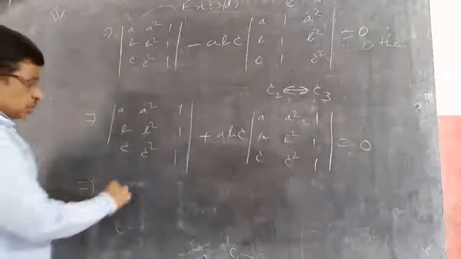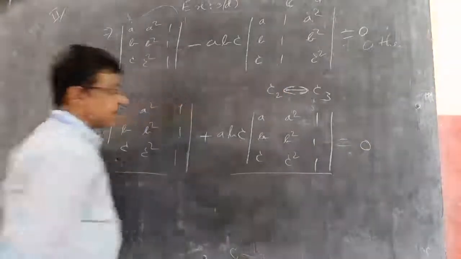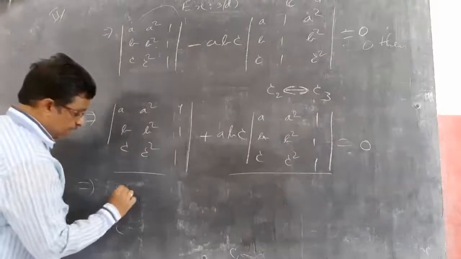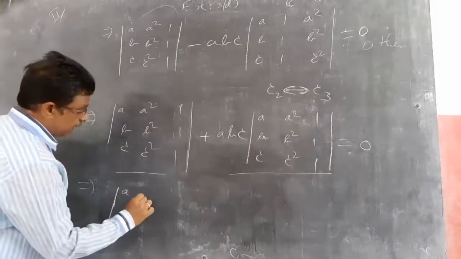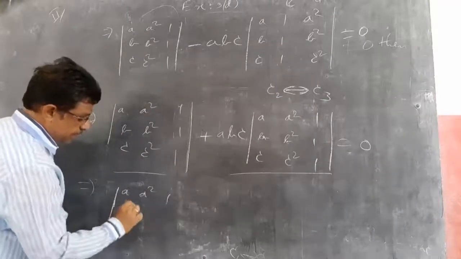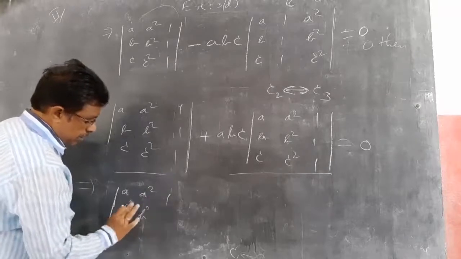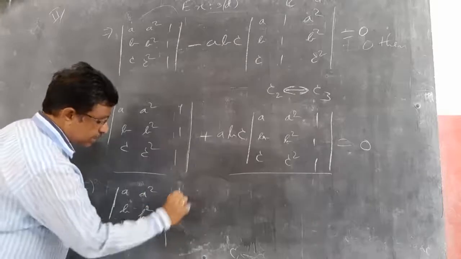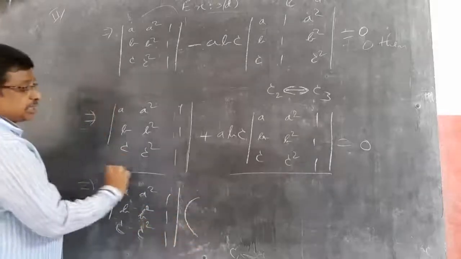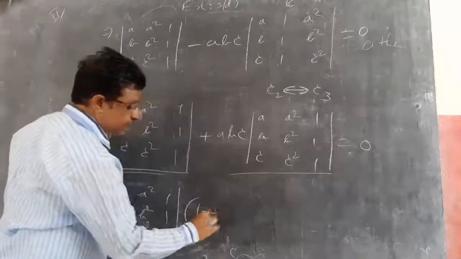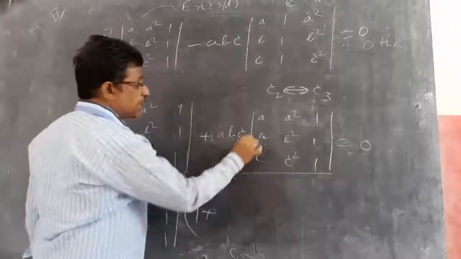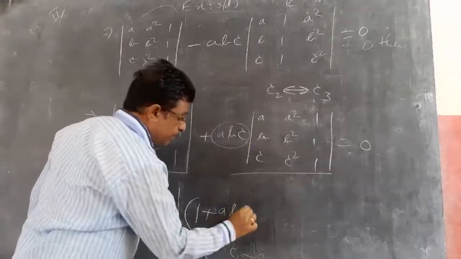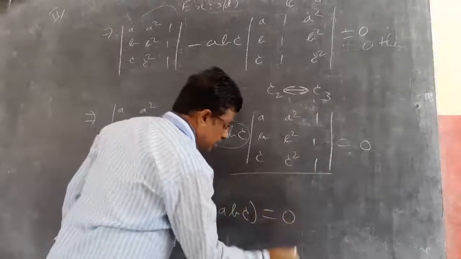Now from these two I can take this part common. If I take the determinant of a square 1, b square 1, c square 1 as common, 1 is left out here, and abc is left out here. So 1 plus abc, this part equal to 0.